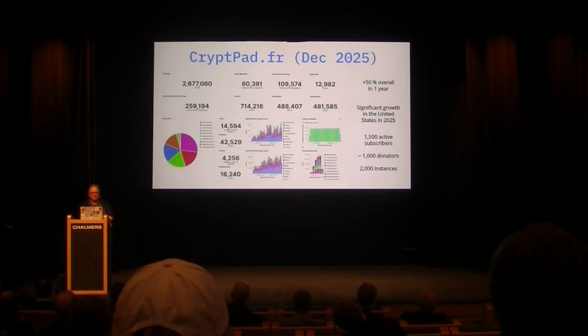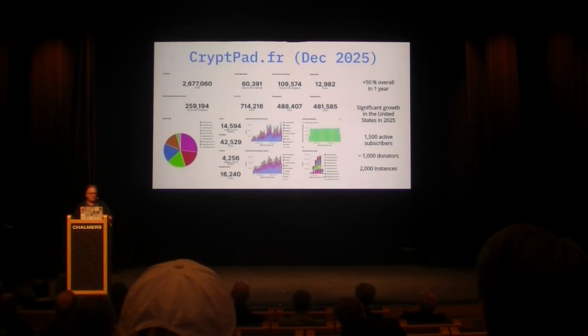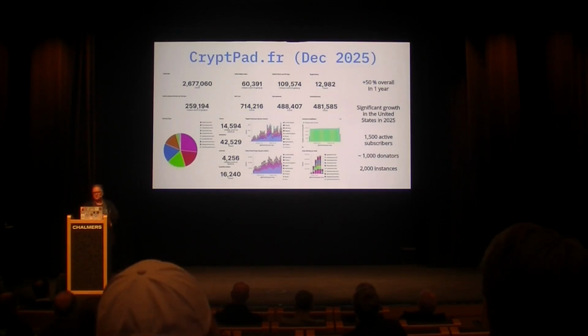So that's a monthly dashboard. These statistics actually show that even though things are encrypted, it doesn't mean that we know nothing about our users. These statistics correspond to what we know about our users, which is their IP address. And based on the IP address, you can usually know their country.